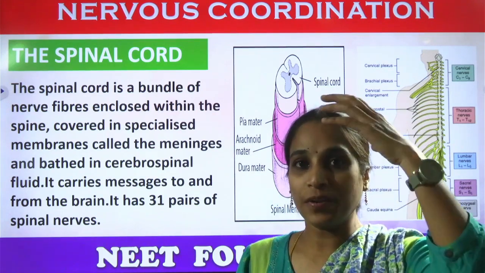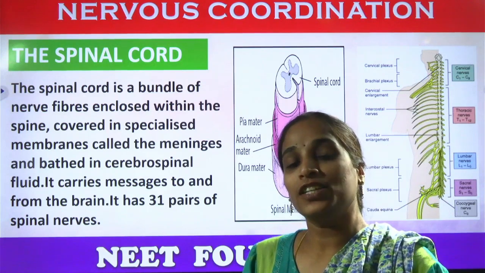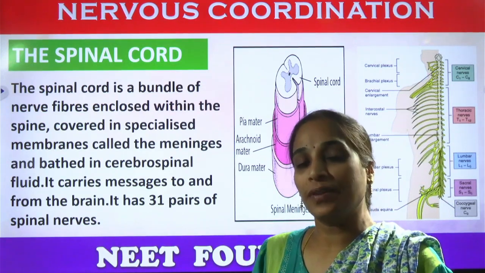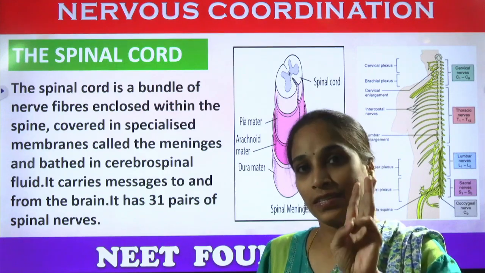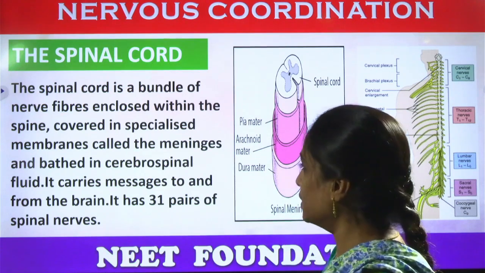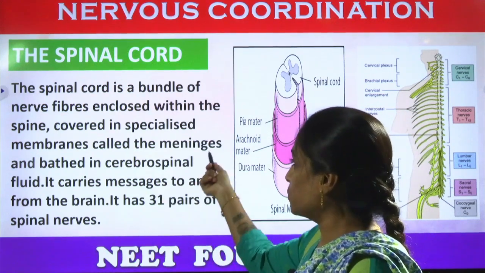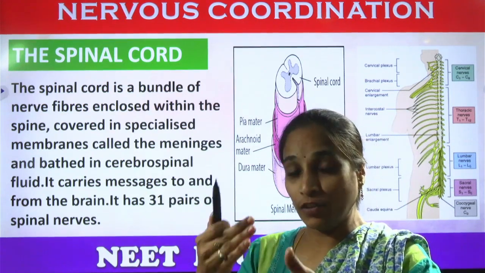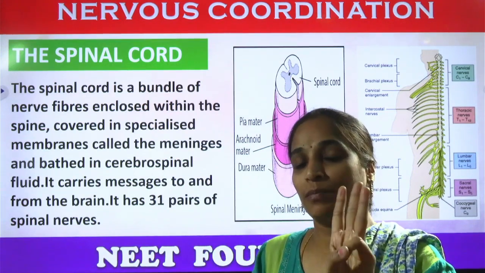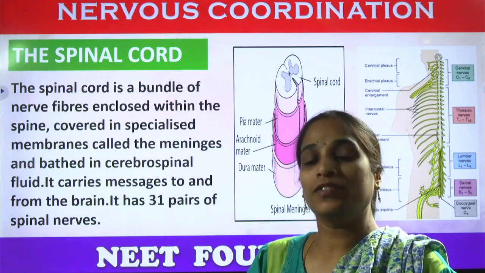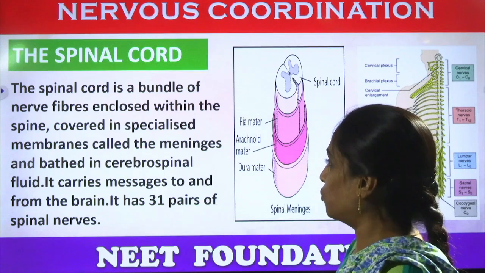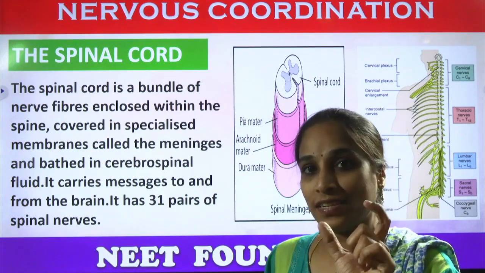As the brain and the spinal cord are a continuous structure, the covering of both is seen with three membranous structures called meninges, which are filled with a liquid called cerebrospinal fluid, or CSF.